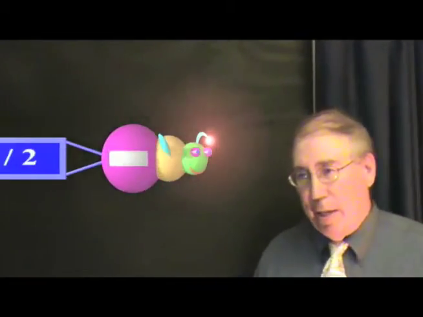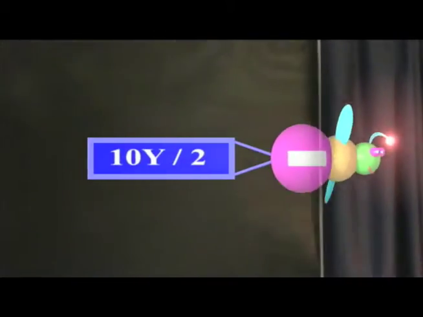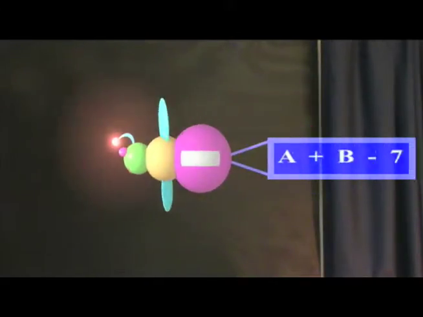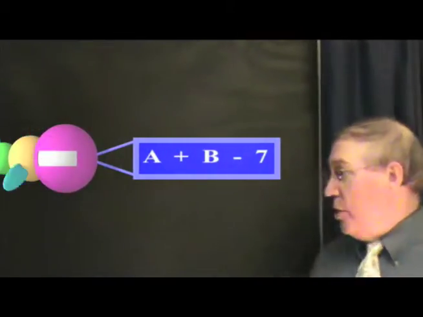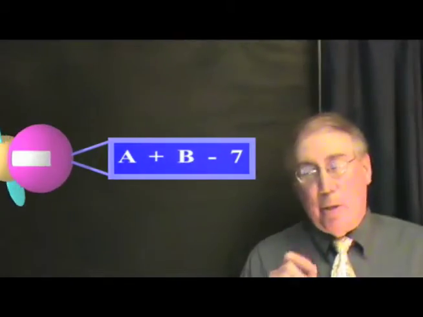Here is 10y divided by 2. Here's yet another example. We have 2 variables, an a and a b, so a plus b minus 7. Those are all algebraic expressions.